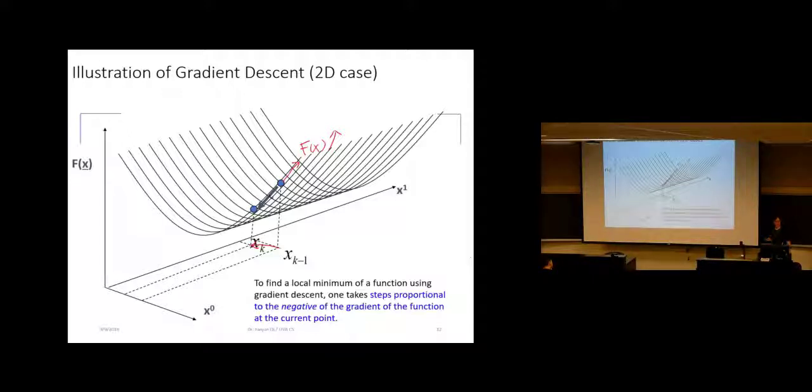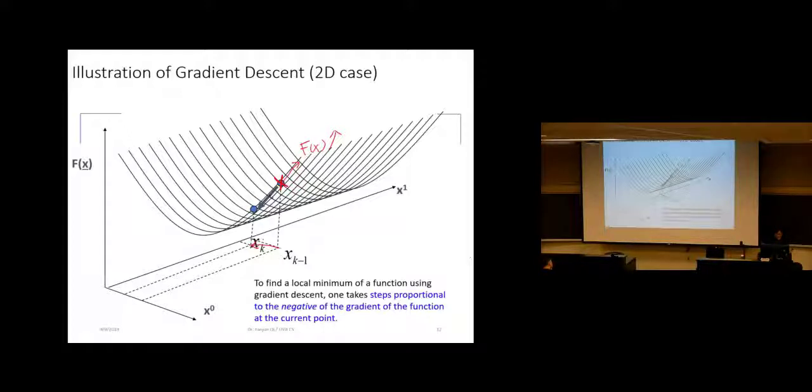All right, so the 2D case. Again, this is actually not a bowl, it's really more of a wave shape. I'm just trying to show you. For this point, its gradient points outward, and f(x) moves up.